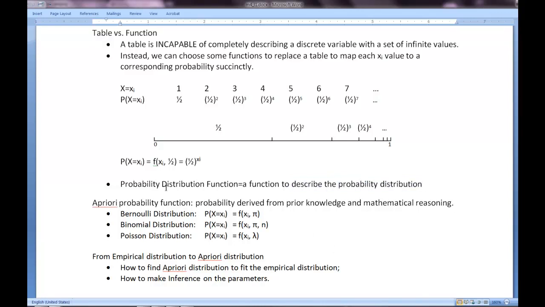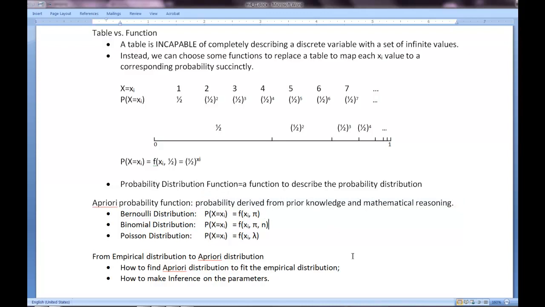And this type of probability distribution function is actually referred to as an a priori probability function, because the probabilities are derived not from experiments or observation, but from prior knowledge and mathematical reasoning.